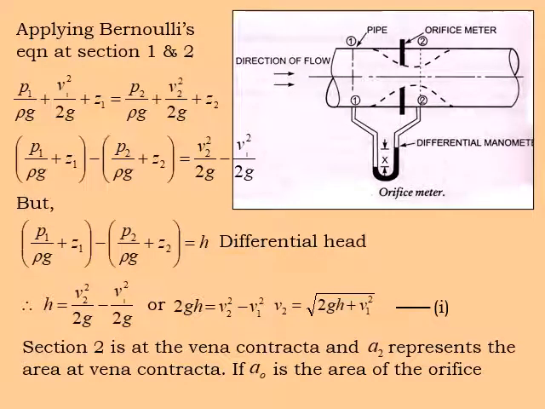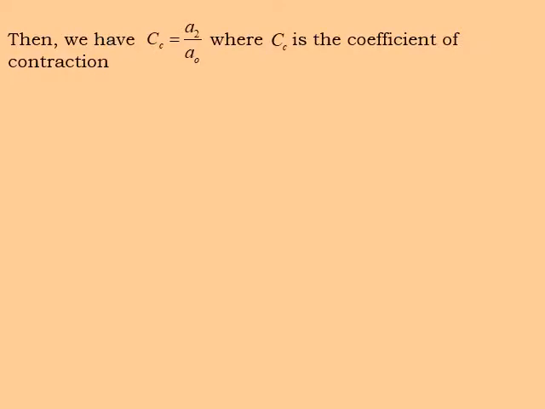Section 2 is at the vena contracta and A2 represents the area at the vena contracta. If A0 is the area of the orifice, then we have Cc is equal to A2 by A0, where Cc is the coefficient of contraction.